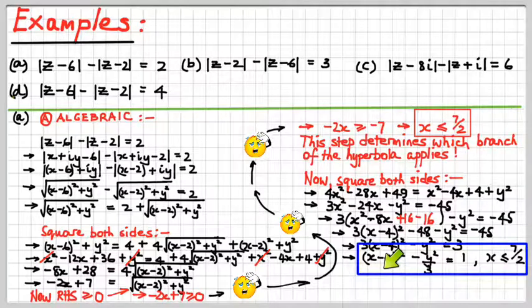So therefore, the centre of this thing is at 4 and 0, and we're saying that it's 1 unit to go from the centre to the vertex of the hyperbola, okay? Yes, that's what we're saying, because a is 1, right? And if it's a left-hand branch, it's got to be 1 unit to the left of the centre point, which would be at 3, where x is 3, wouldn't it? Let's see if that all works out.